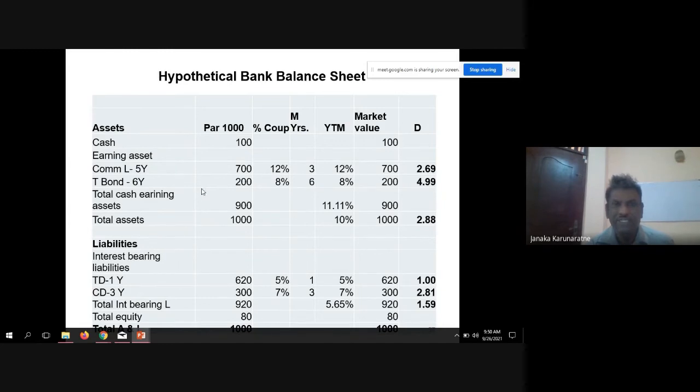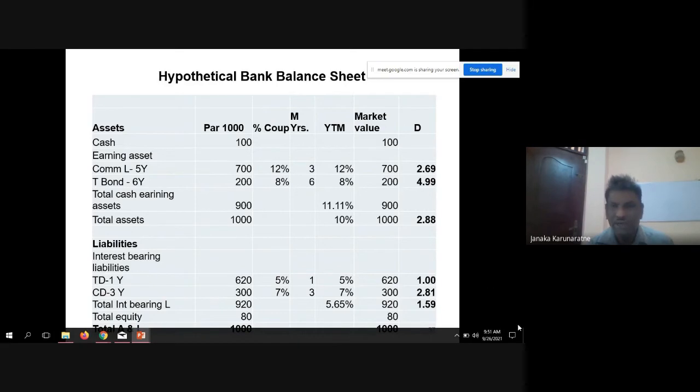And duration of this 6-year maturity bonds are 4.99, 8% coupon, 8% maturity. So the total duration, weighted average duration is 2.88. How did you go? 2.88 is the weighted averages of these two, right? These two.